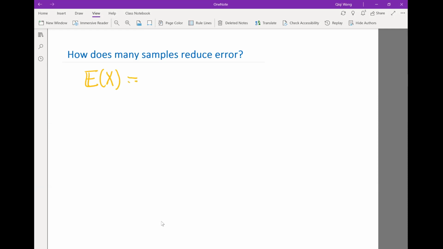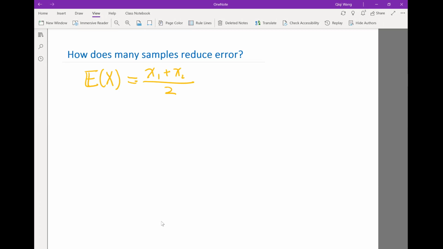Instead of using a single sample, now we are using 2 samples, x1 plus x2, divided by 2. That's going to be our new, improved estimator. Now the question is, how does that reduce the error?